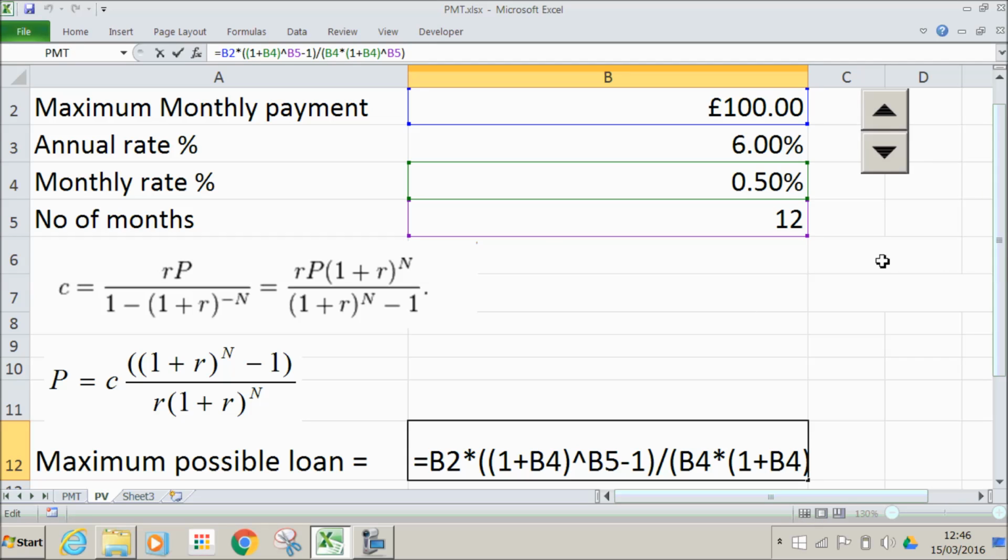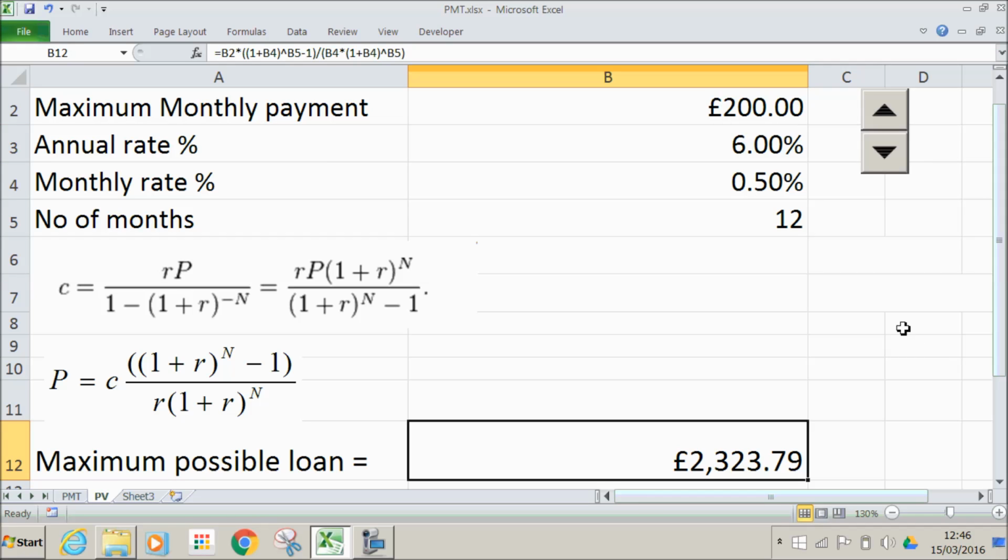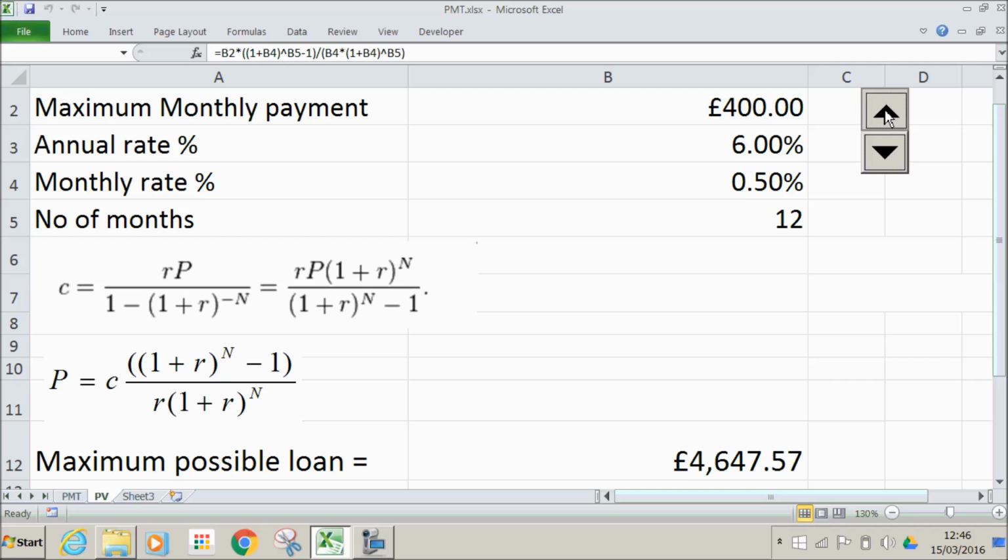And then we can change the amount borrowed here and see what the maximum loan that can be afforded on the basis of £200 every month for 12 months. So I can change it automatically with this slider, and we can see that this works quite well.